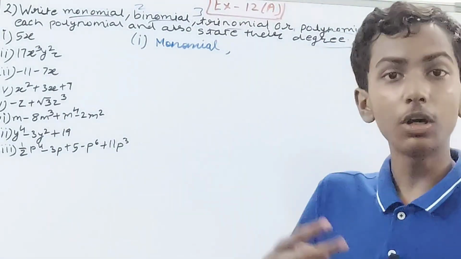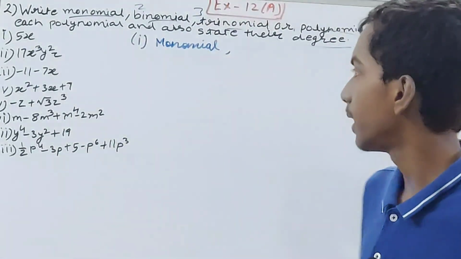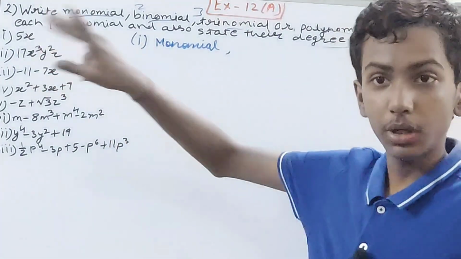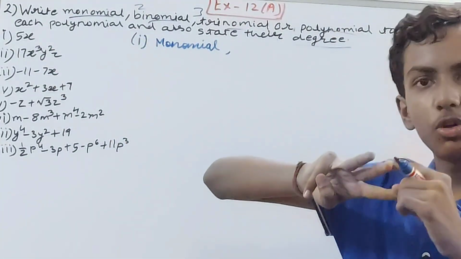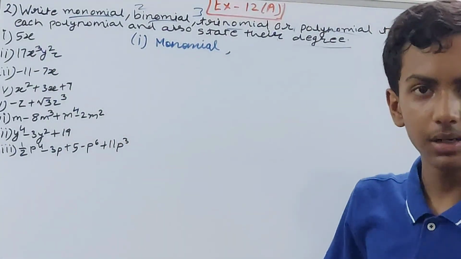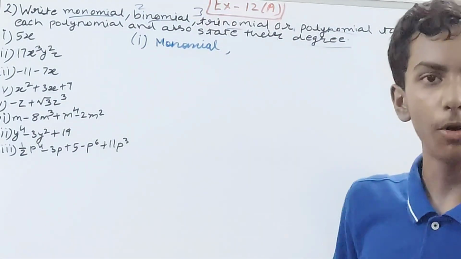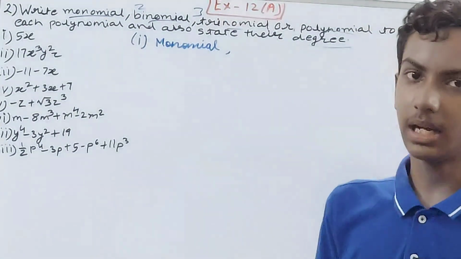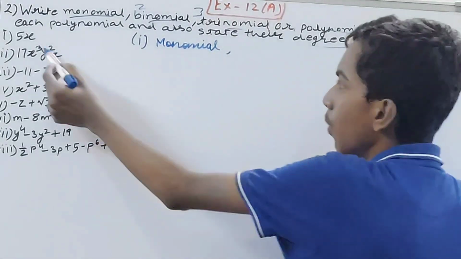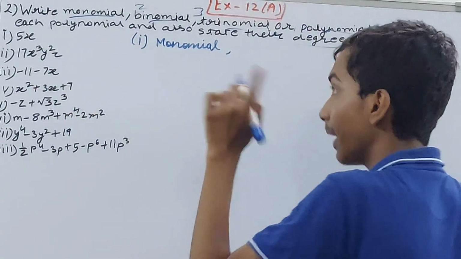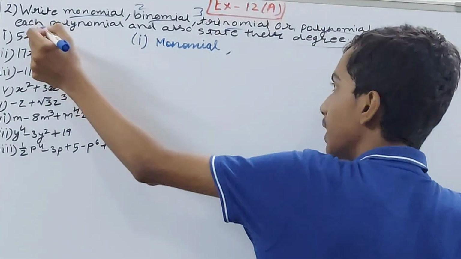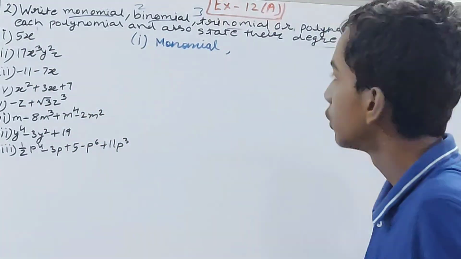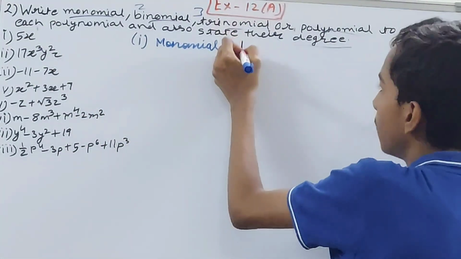If it has 2 or 3 or multiple variables, then you add the powers of all the variables, and that becomes the degree. So here only one variable is there, that is 5x. When no power is written on x, it is considered to be to the power 1. So this has the degree of 1.